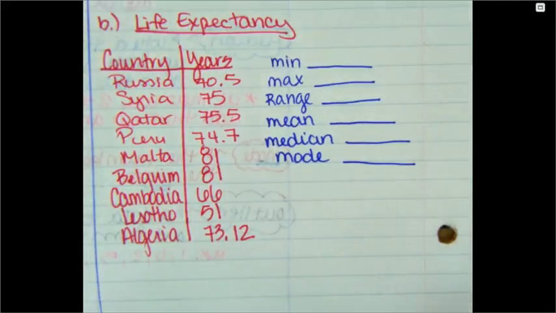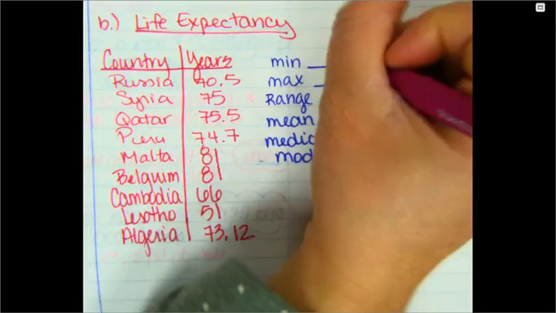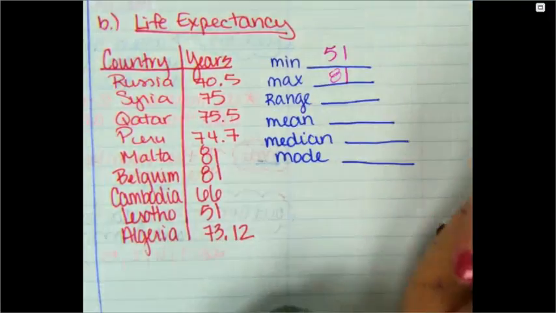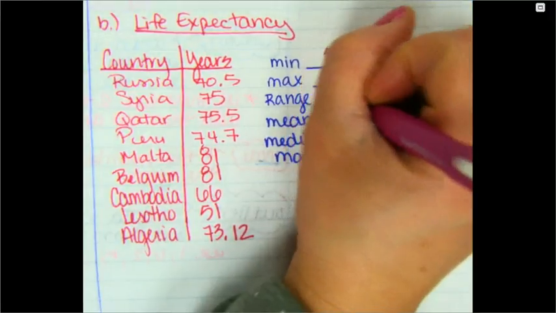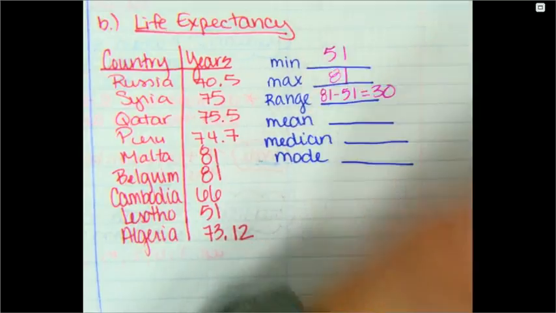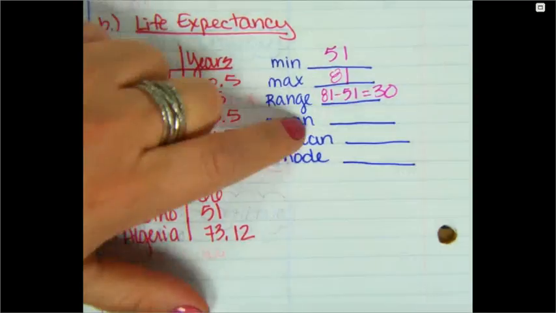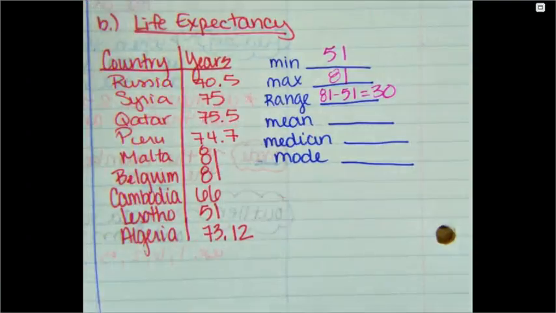Alright. Minimum. What's the minimum? 51. What's your maximum? 81. How do you find the range? 81 minus 51, it's 30. Good. Mean. 71.64. Wonderful. What's the fraction? What's the top number? You need to show me the two fractions when you're adding. So 600 and what? 47.82.